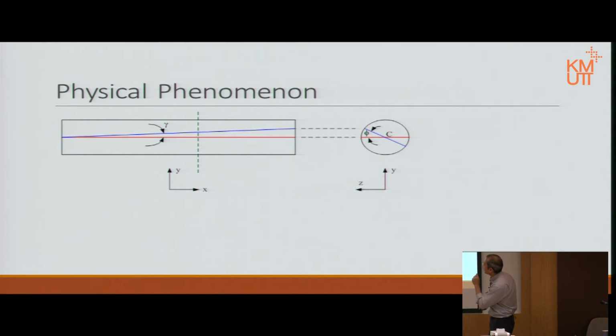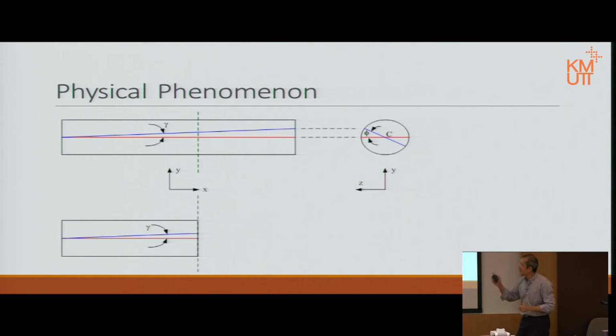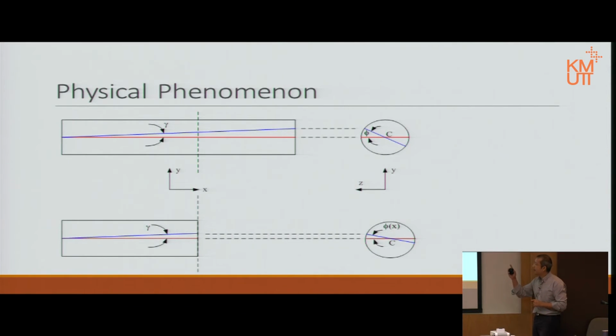Now, if we look at the cut section there, meaning rather than looking at the cross section at the end, I cut maybe somewhere in the middle, and then we have that. If I look into the cross section area here, notice that even though gamma is constant, the angle of twist phi is no longer the same.